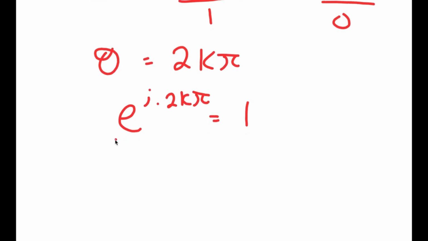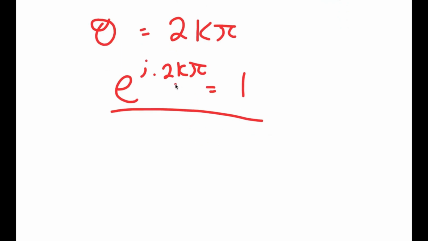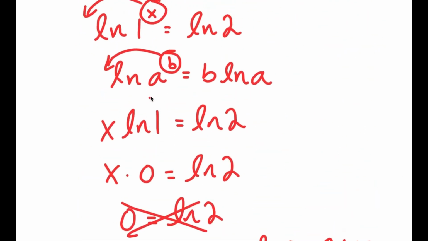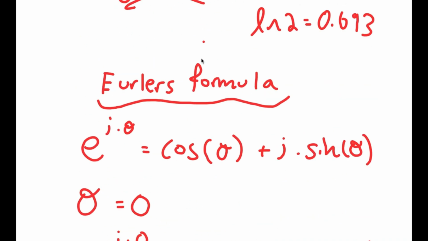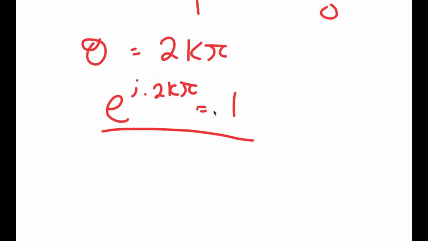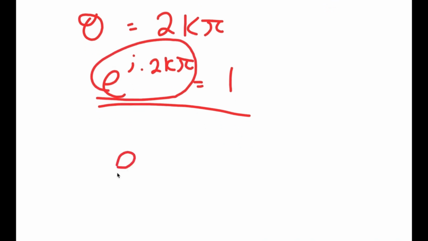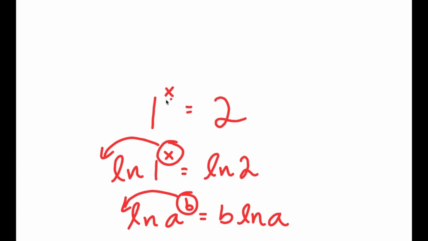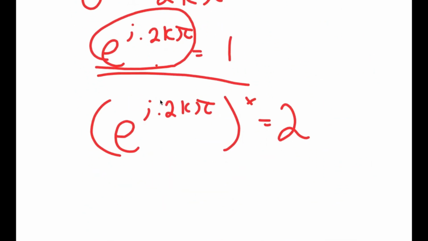So, because this statement is true, then doesn't this mean that in our original equation, 1 to the power of x equals 2, this 1 is equal to e to the power of i times 2k pi? So we can say that e to the power of i times 2k pi, to the power of x, is equal to 2. All I did was substitute that in for 1.